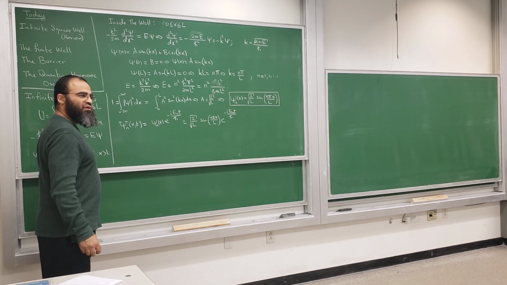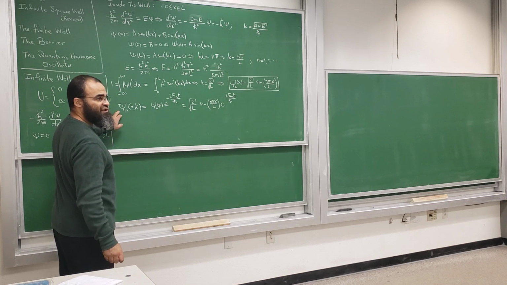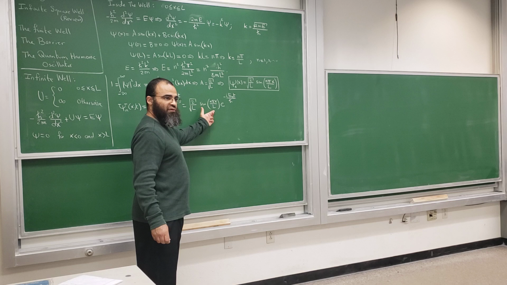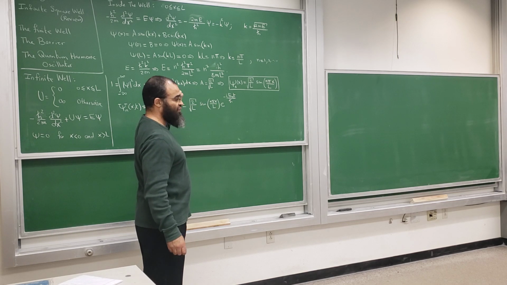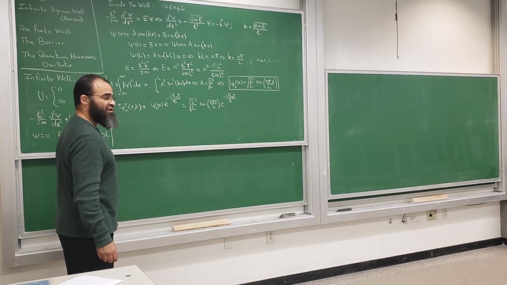Now, in general, you can represent any other wave function in terms of these, because the sum of two solutions to the Schrodinger equation is also a solution. So a linear combination of these is still a solution.